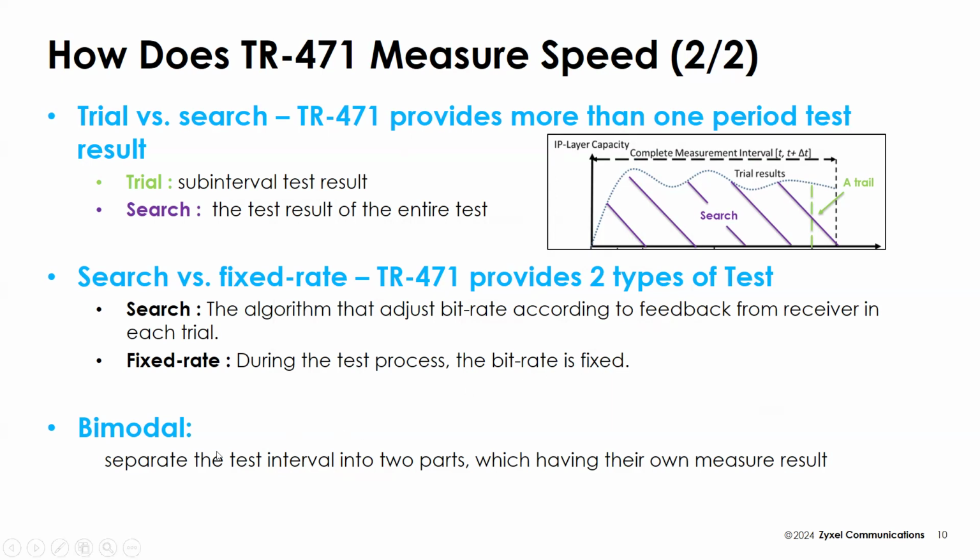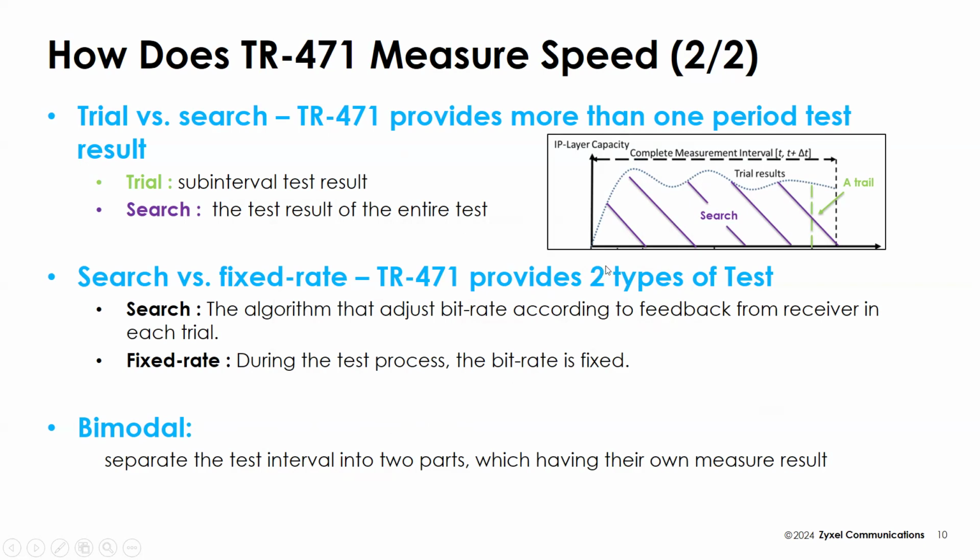Okay, and the last one is the bimodal. This means the program will separate the test interval into two parts. For example, if we enable a bimodal test in a TR-471 speed test, we will see two different results for two different subintervals. For example, like this.